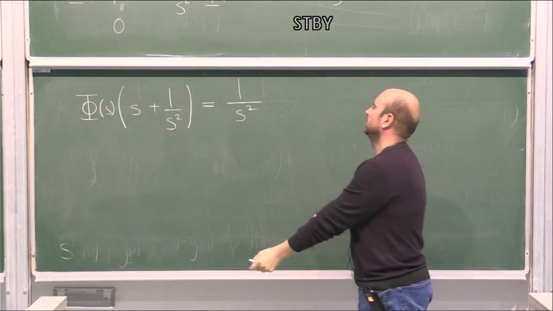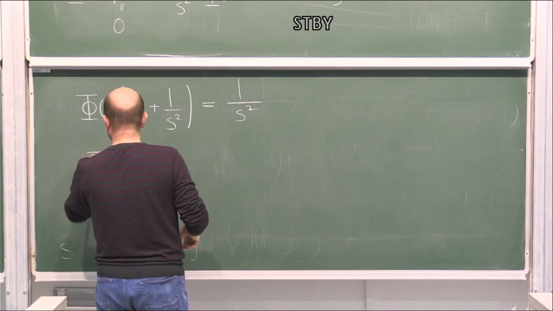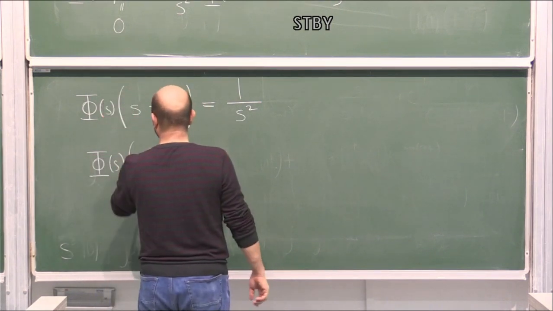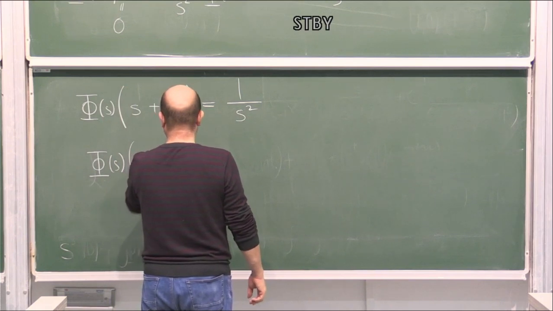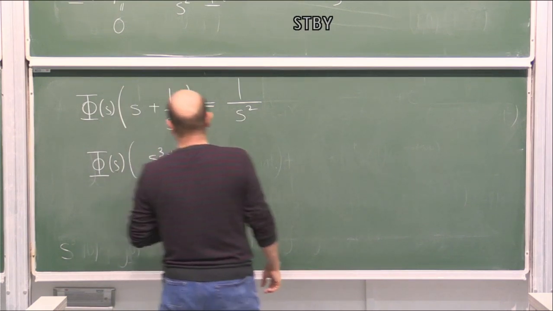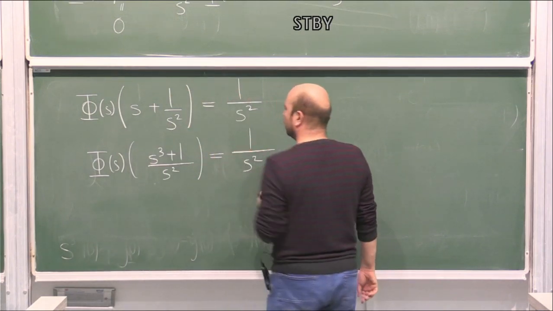If you write this, this is going to be s cubed plus 1 divided by s squared. Now the other side is 1 over s squared.